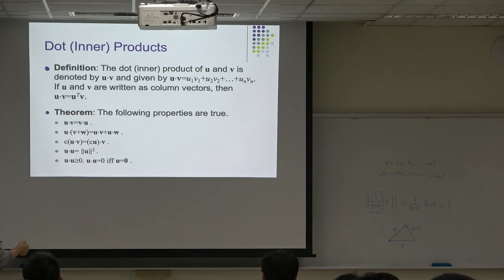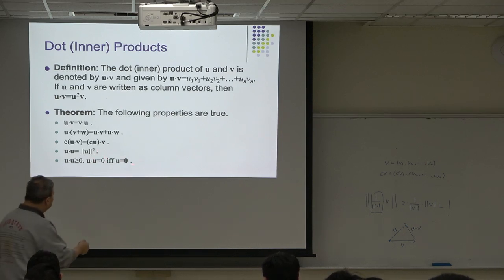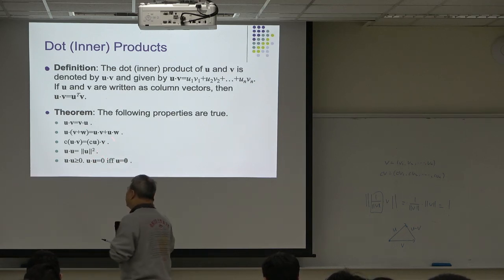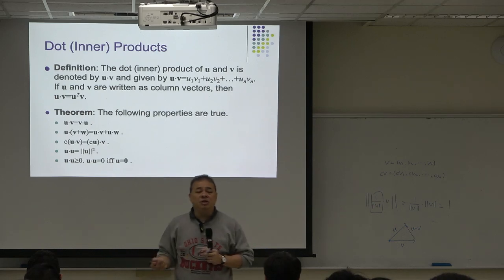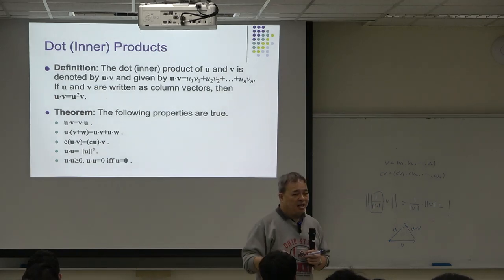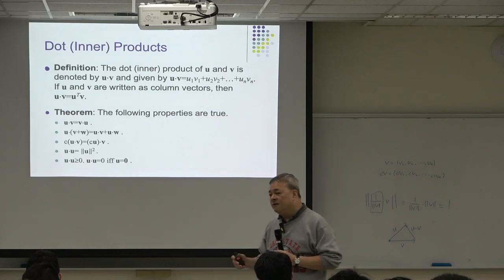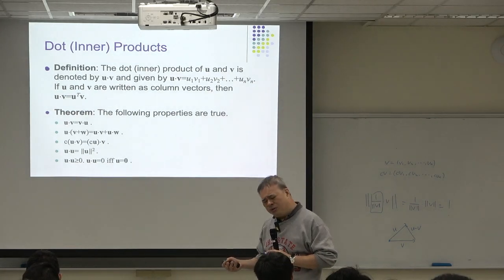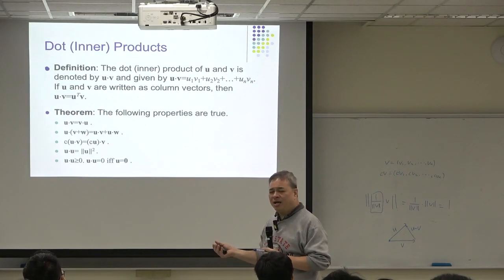The inner product of U with itself equals 0 if and only if U is 0. Supposedly you should prove all this by yourself, but I will skip those proofs because you should have learned all this in high school.